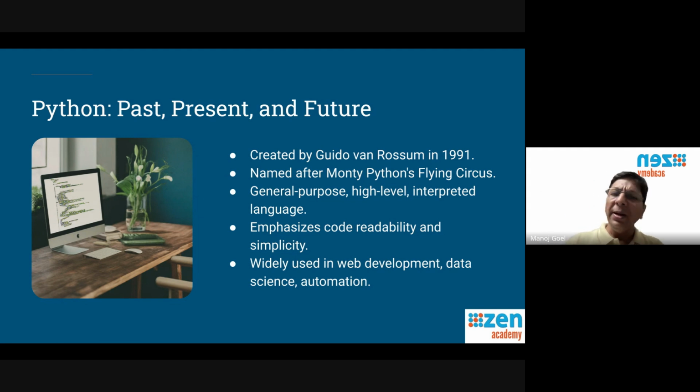Now, ultimately, the computer does not know this print Zen Academy. The Python interpreter is going to read that high level language, translate it into binary, and then this code is executed, and you get the results for whatever commands you have given.